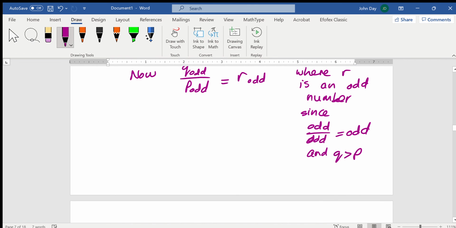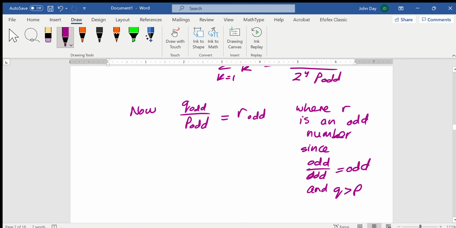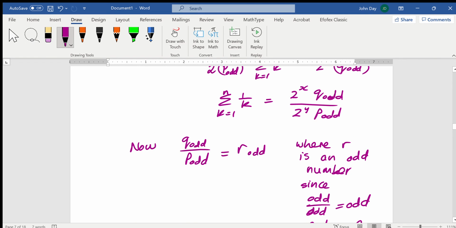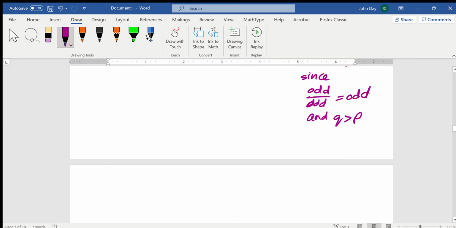But we proved that up here, q odd is bigger than p odd. So if I divide the q odd and the p odd, I get some number r, which is an odd number. And 2 to the x divided by 2 to the y is 2 to the x minus y.